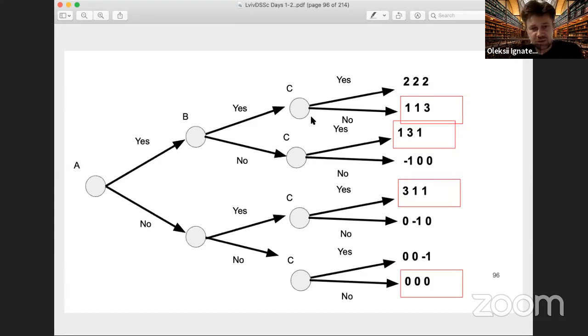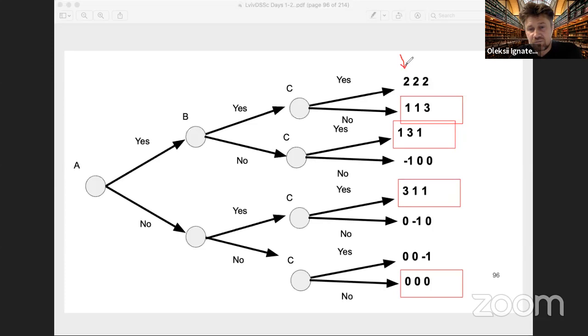So we consider player C, and we look only at his payoffs. Here we have 3 and 2, and 3 is bigger than 2. So in this particular situation, C will choose no rather than yes, because 3 is bigger than 2. I didn't say that payoffs are usually ordered as players came to the game.